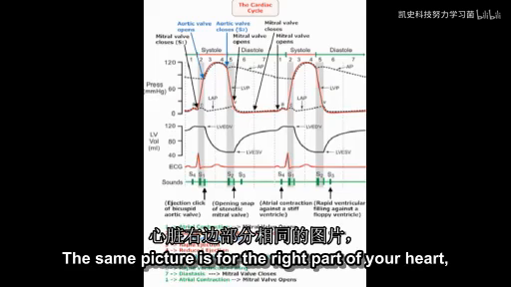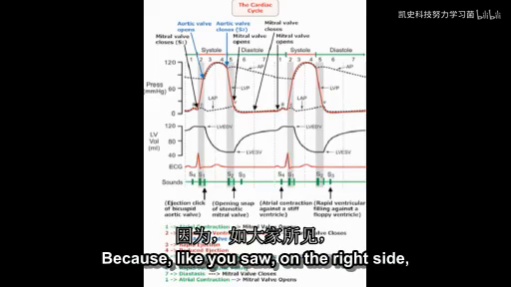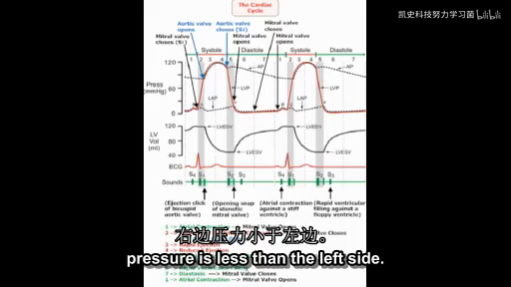The same picture is for the right part of your heart, just in different millimeters of mercury, because like you saw, on the right side the pressure is less than the left side.